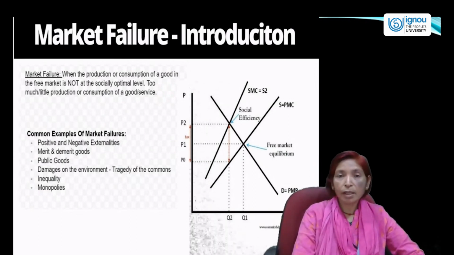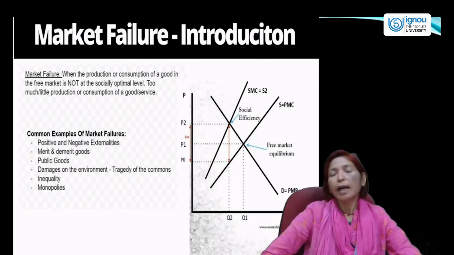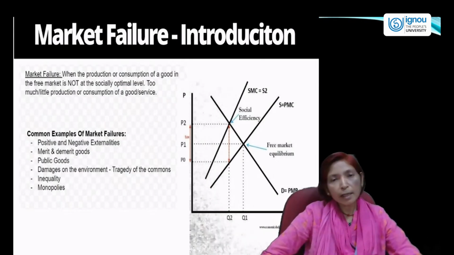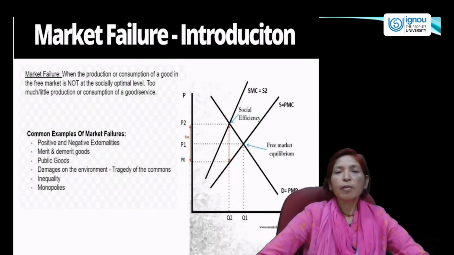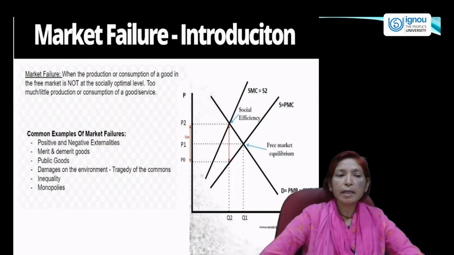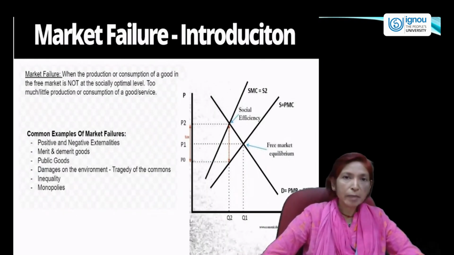So externality is generally studied in two forms: positive externality and negative externality. Next is merit and demerit goods. What type of goods are known as merit and demerit goods? Next is public goods. Public goods are also a main cause of market failure. And damage of the environment.